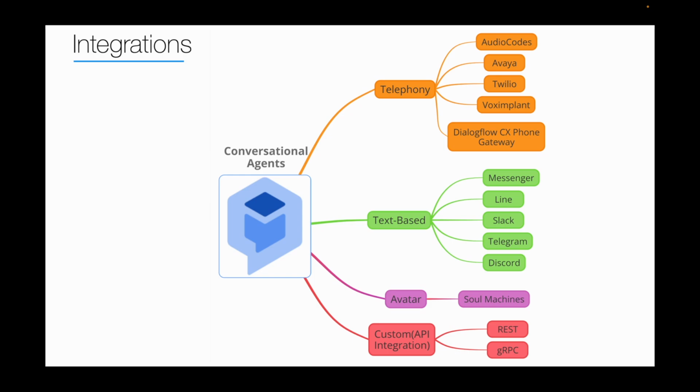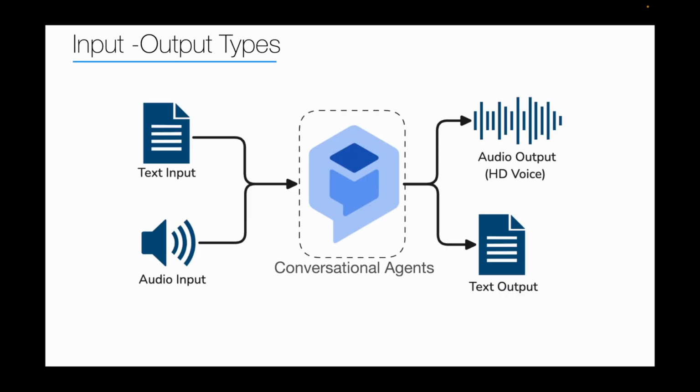Conversational agents make it easy to build and integrate a conversational user interface into your telephony-based applications, mobile applications, web applications, and so on. Conversational agents can analyze multiple types of inputs from the end user, like the text or the audio. It can respond back in text and voice using high-definition voices, like using the Chirp HD voices.